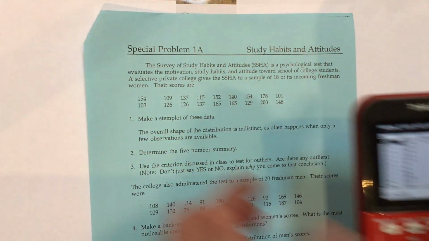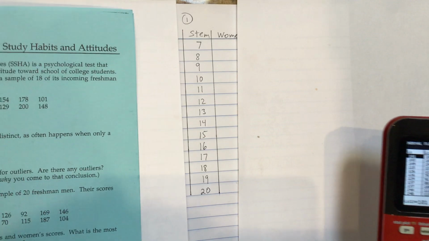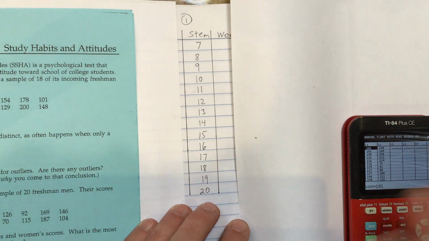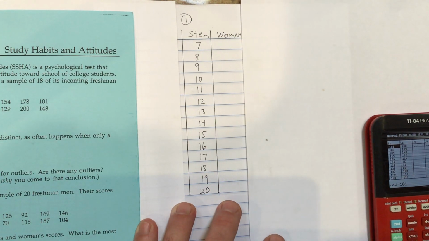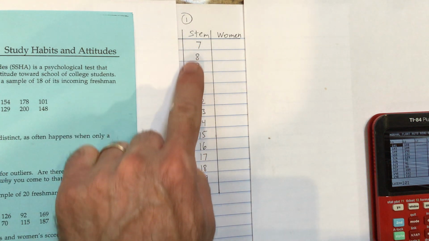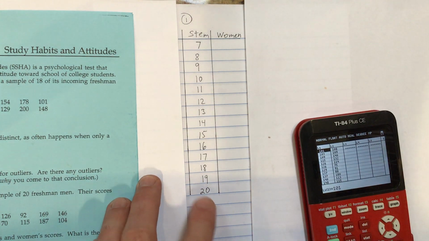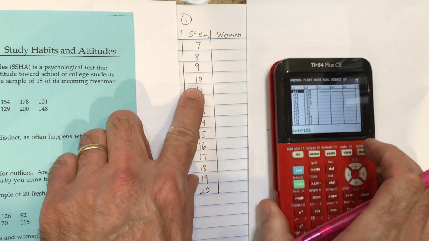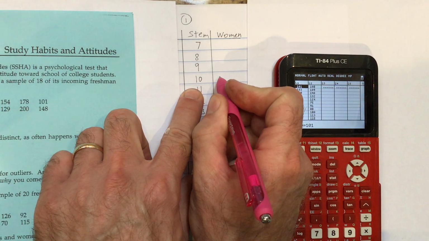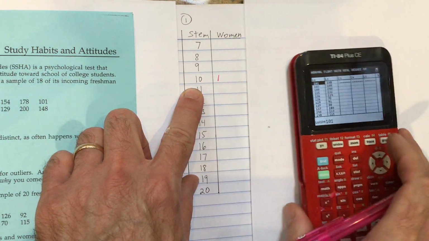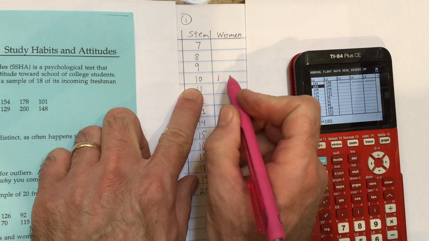Okay, so I'm going to jump over here. I kind of already got started. Here I have the stems 7 through 20. You'll see why I went 7 through 20 in a minute. Okay, so my first entry is 101. Put a 1 there. Then I have 103.